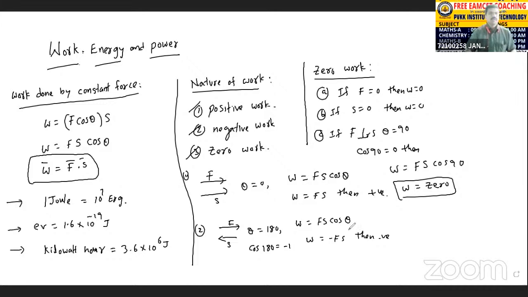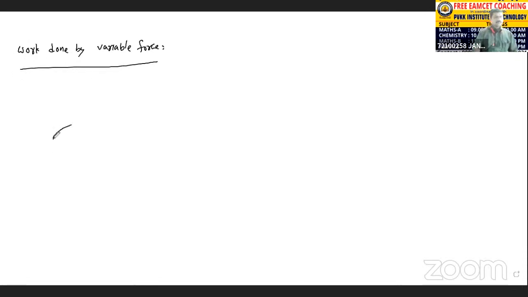Next concept, work done by variable forces. So this is from A to B. This is point A, this is point B. Force F in this direction.